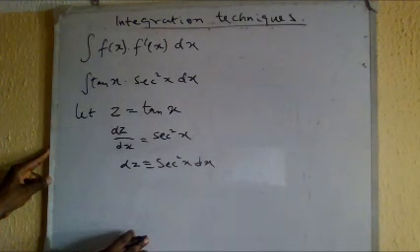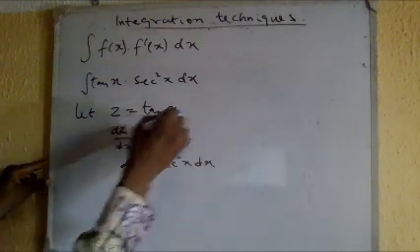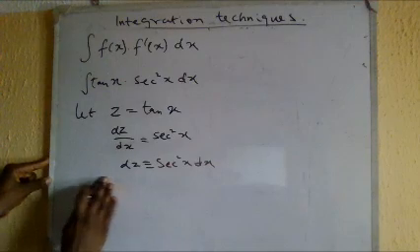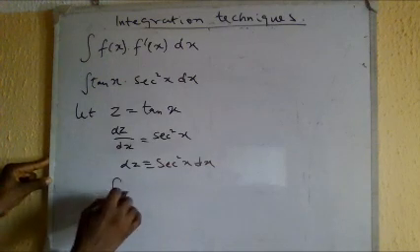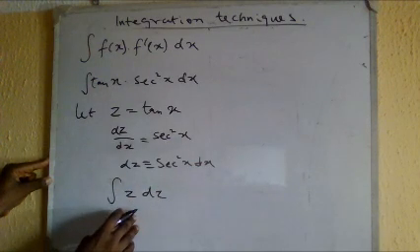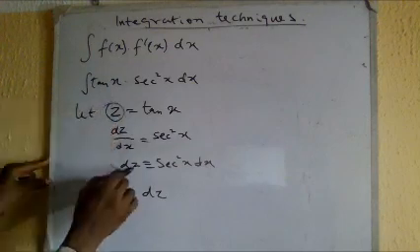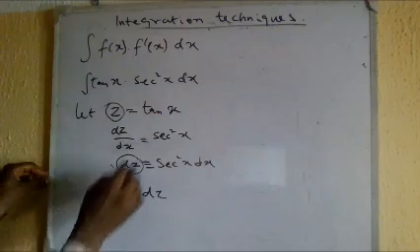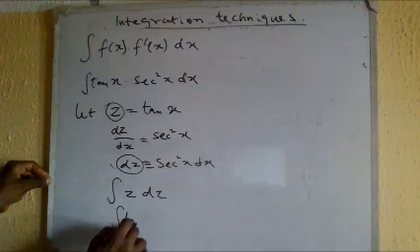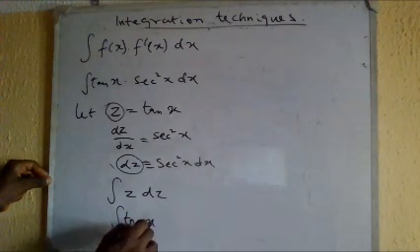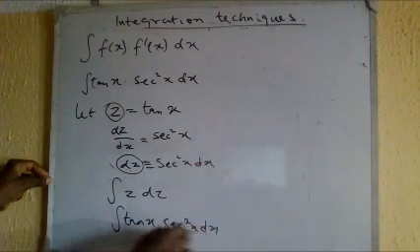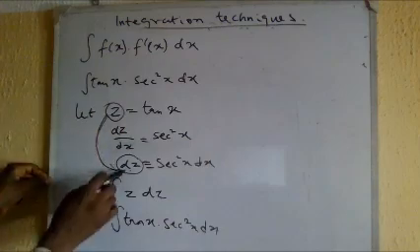So if I come here and put the integral of z dz, it means that I am integrating this and I am having this at the same time. So I have 2 functions there. This one is tan x, and this one is sec square x dx. So you see what I've done here. This one represents tan x.